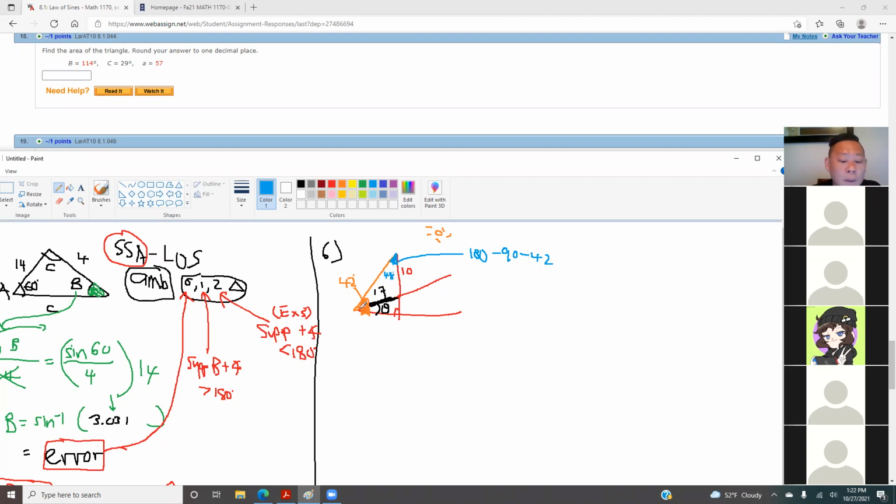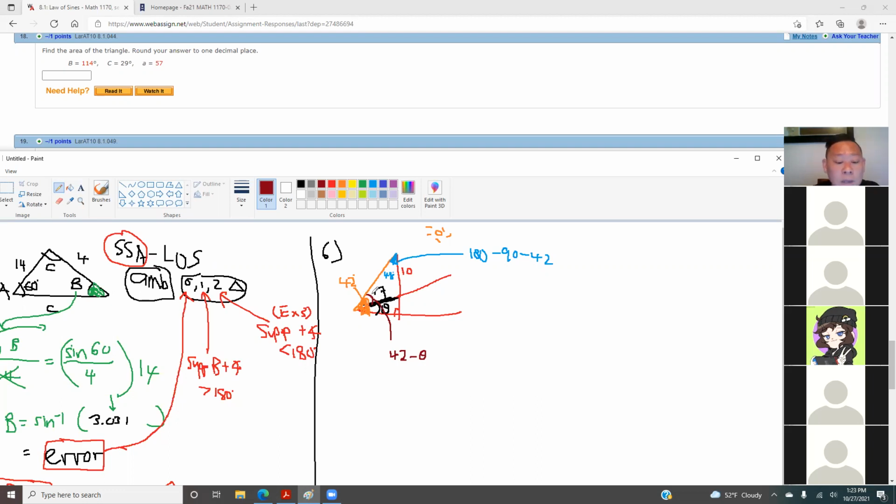So we got 42, we got theta, and we're going to find this theta here. The angle that I'm going to put here is 42 degrees minus theta. The reason is that this whole thing is 42 and this is theta, so this one is the subtraction of those two.